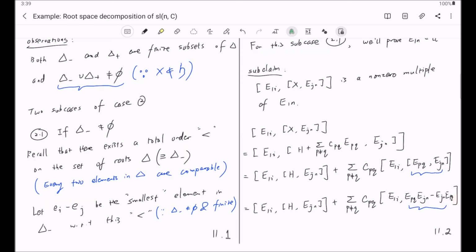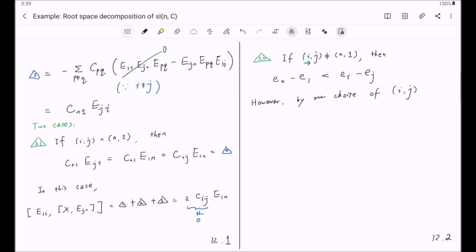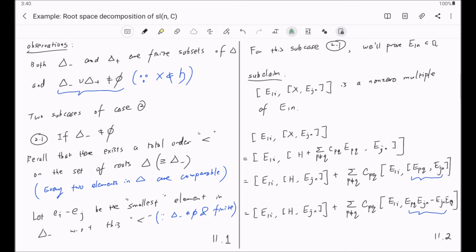We chose the pair i, j so that e_i minus e_j is the smallest element in delta negative.